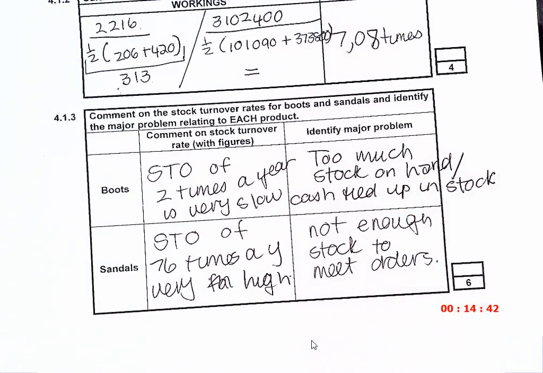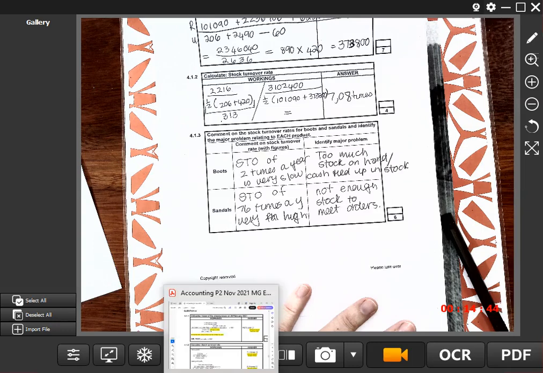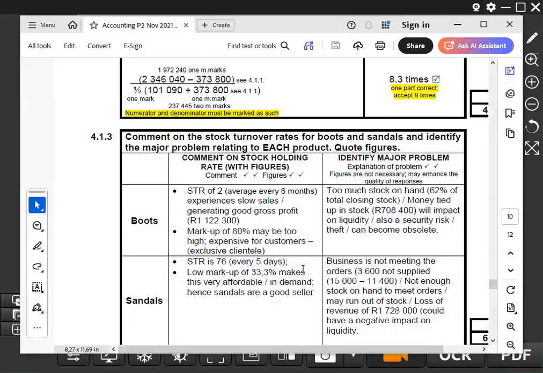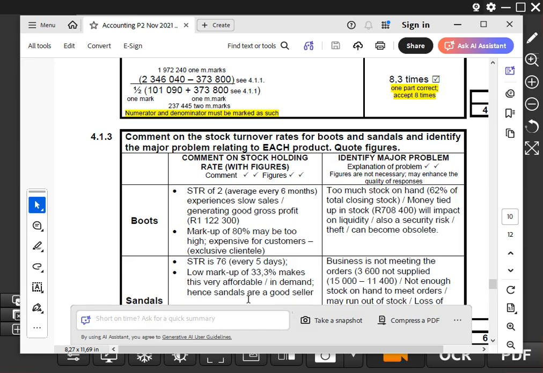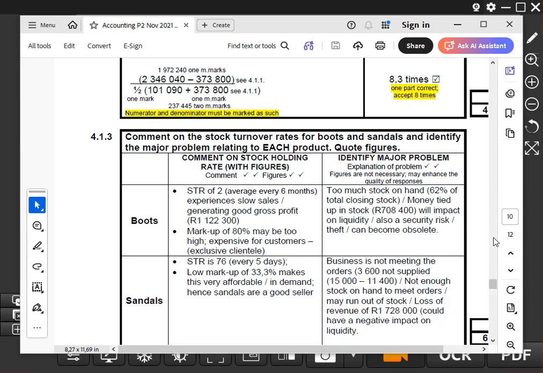Okay, let's see if I was lying. So they say stock turnover rate 2, slow sales, too much stock on hand, 3 marks. 76, high demand, it's very fast. You'll get your mark. Business is not meeting the orders.